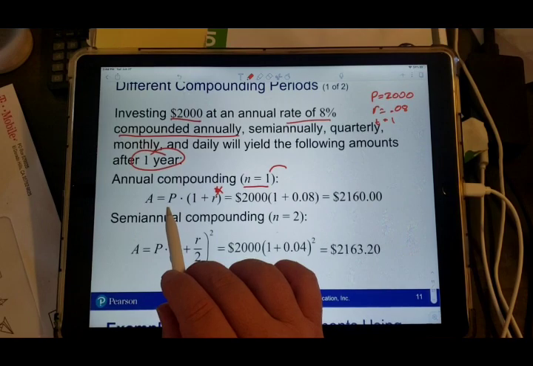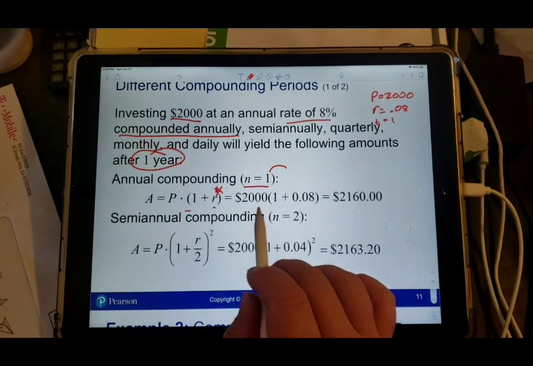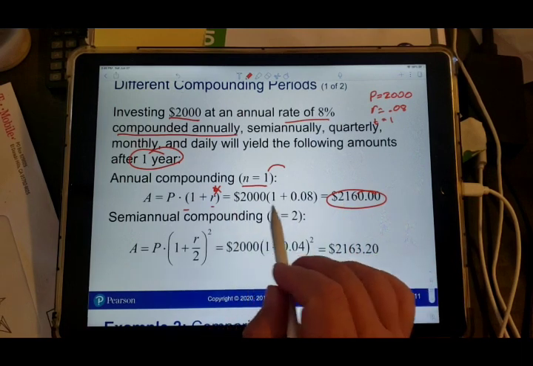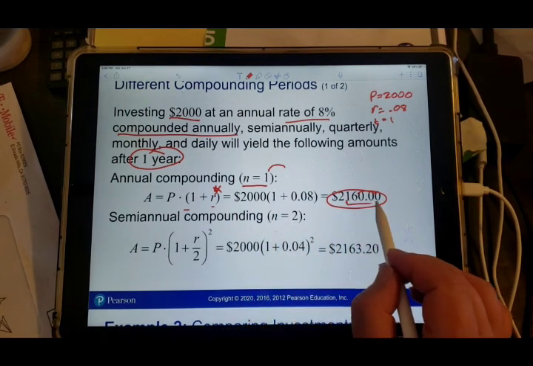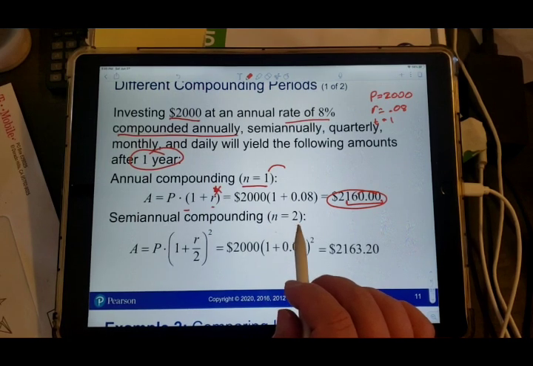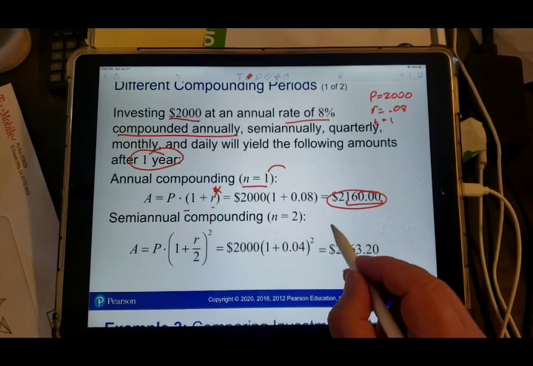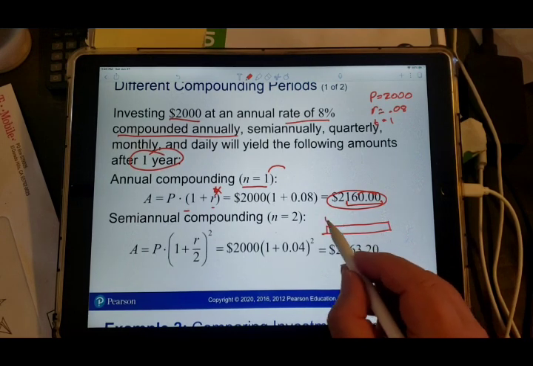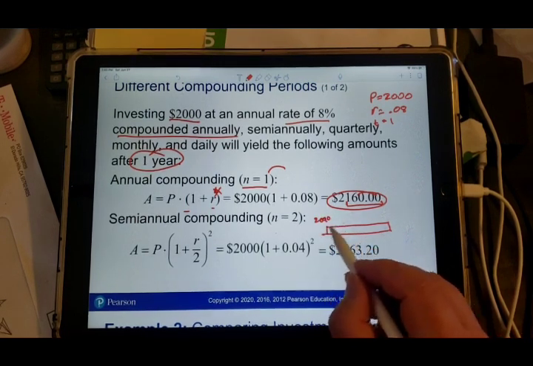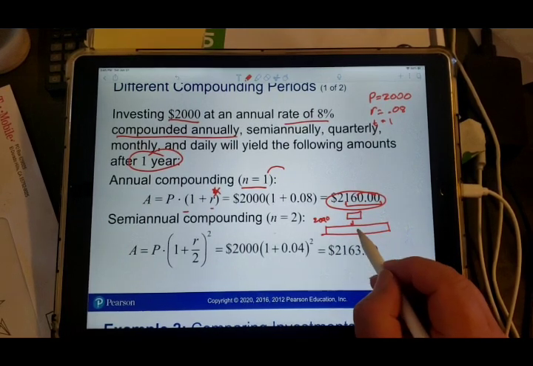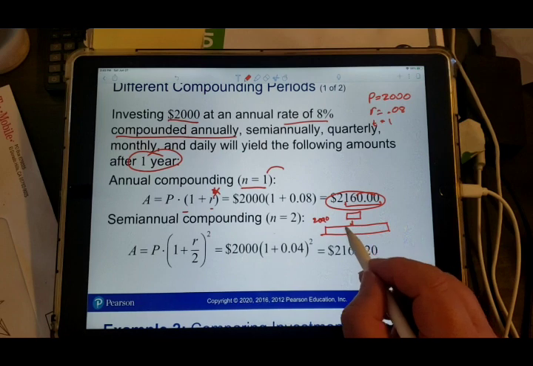All right, so they multiply this out and they get the amount of money you get, the original $2,000 plus interest. Now, what if it's compounded semi-annually? Well, what that means is after 6 months, you get a deposit of interest.